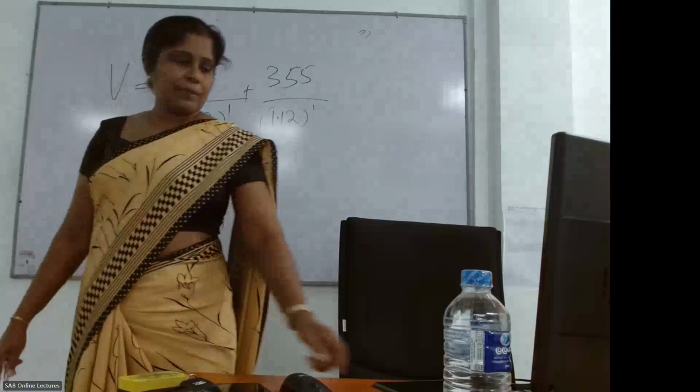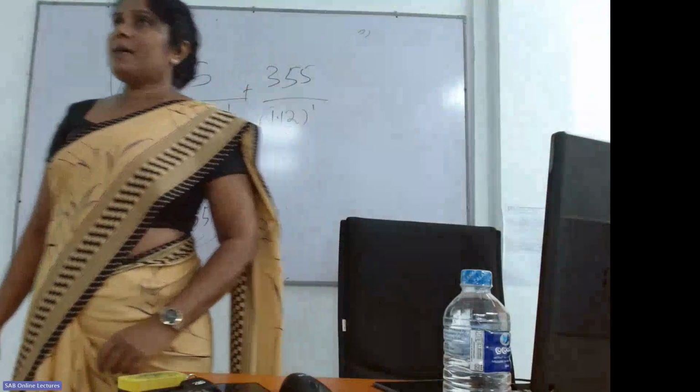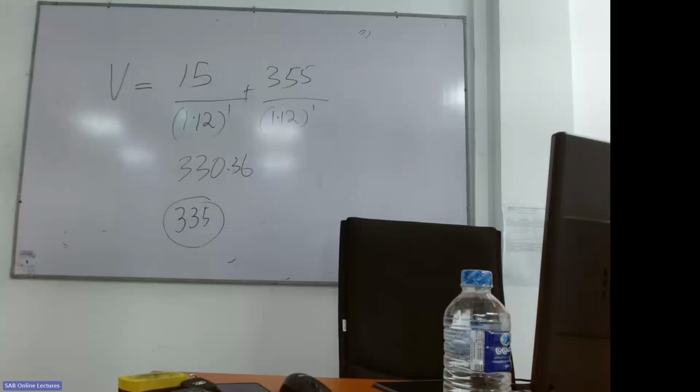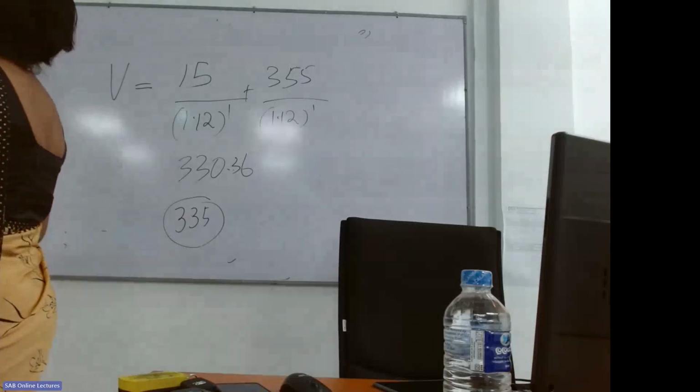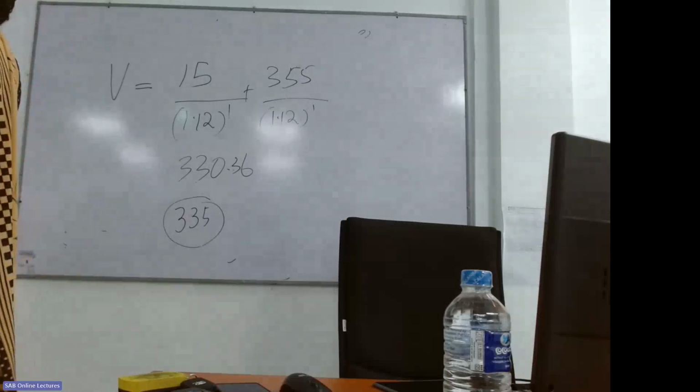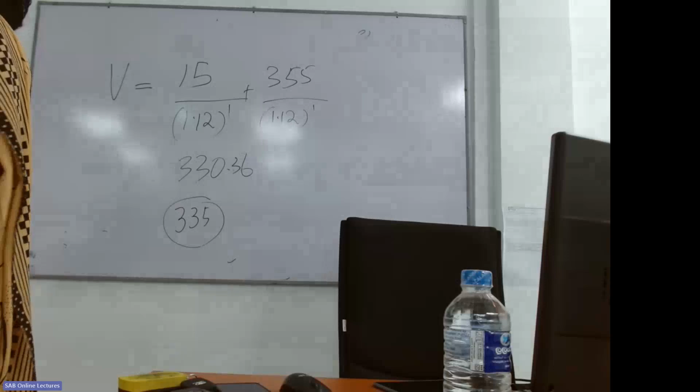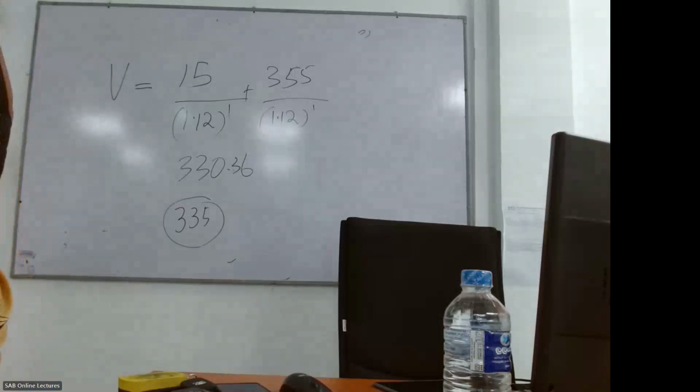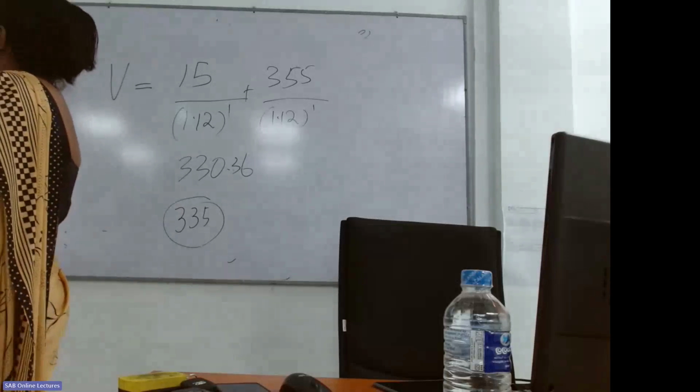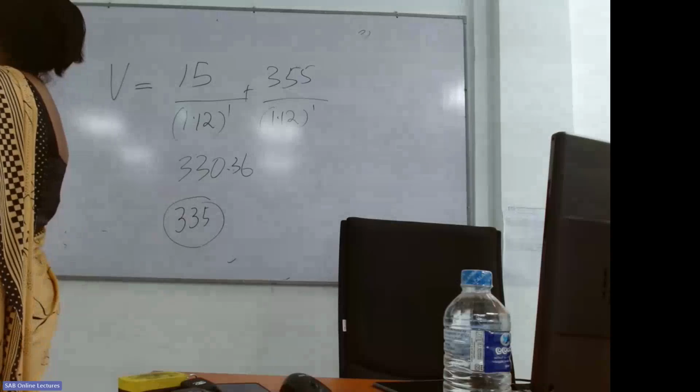Now, if you look at this example, an investor is looking for a 4-year investment. Now, this is not a single period, it is a 4-year investment. The CTH shares are selling for ₹75.